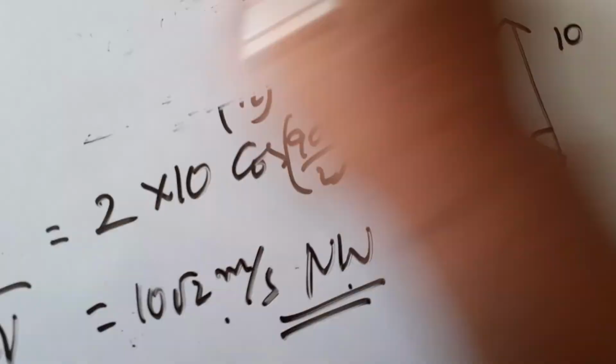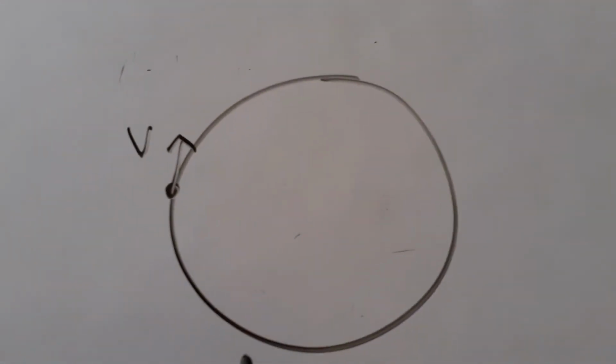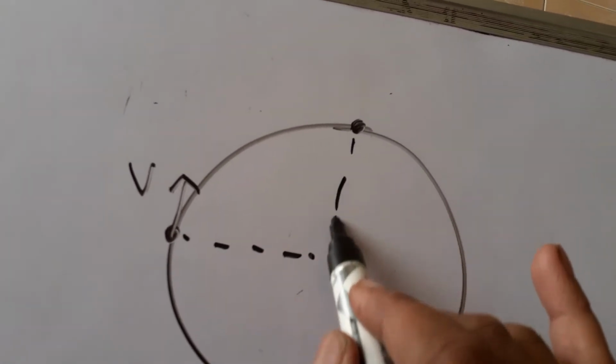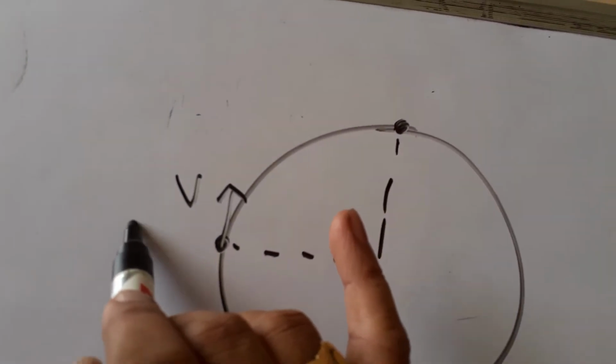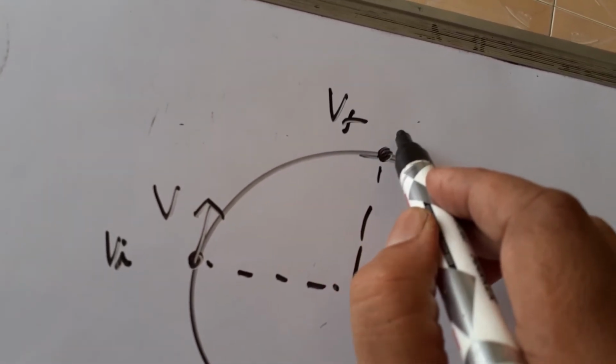So this is one example. And another one, only if you want magnitude. A particle is moving in a circular path. Speed is constant in a circle, but velocity changes from time to time. It has completed 1/4 of the circle. That means this is the initial position, and this is the final position and final velocity.